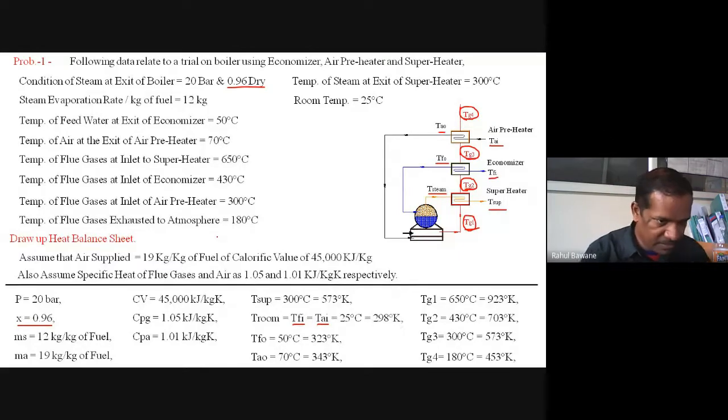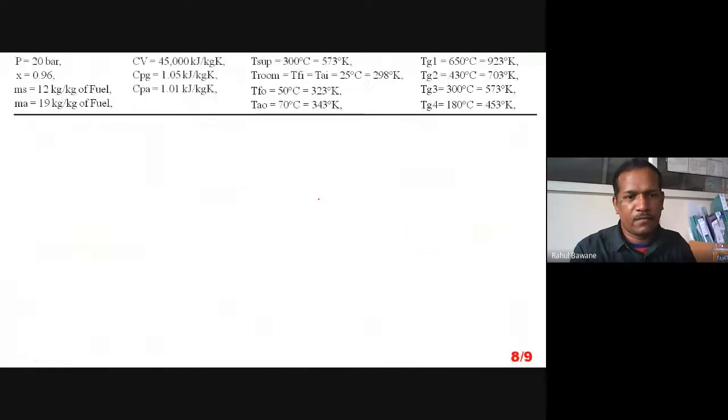You have a steam generation rate per kg of fuel, you have an air supplied rate per kg of fuel, but they don't give a fuel supply rate. So in this case, we assume a unit fuel supply rate, that means 1 kg per minute.